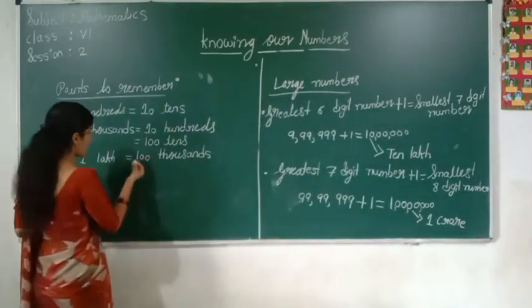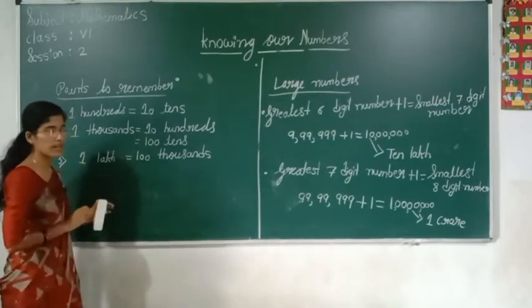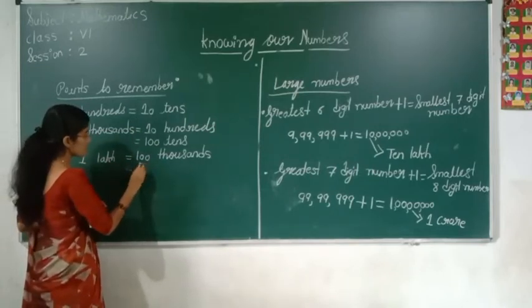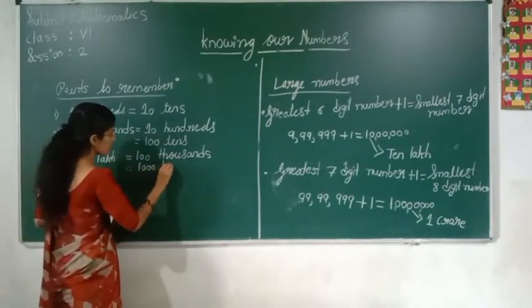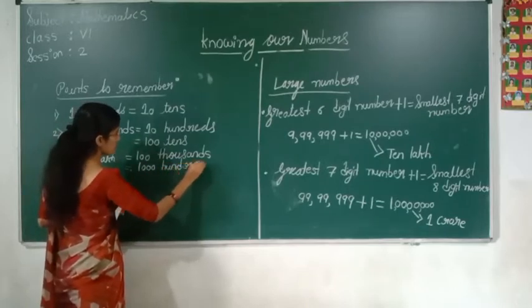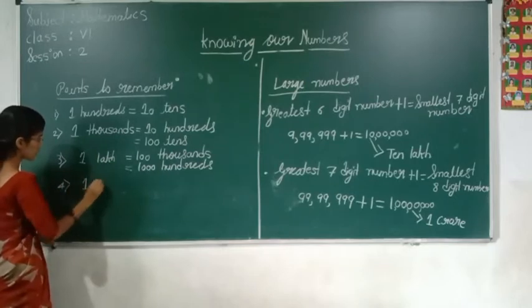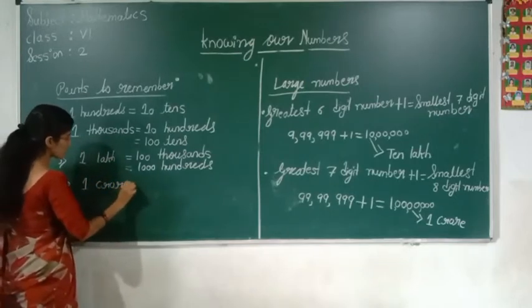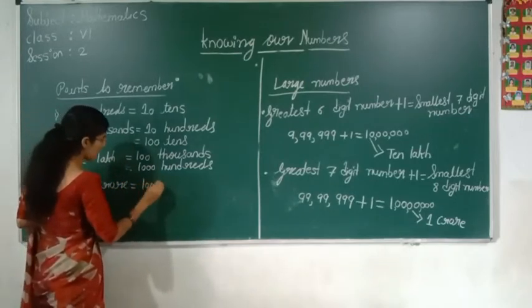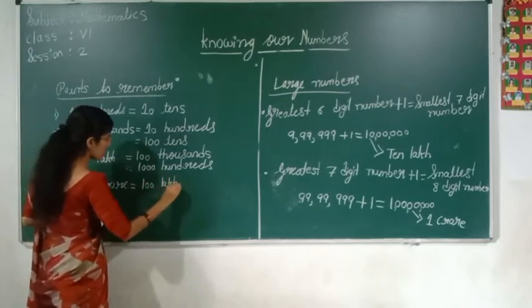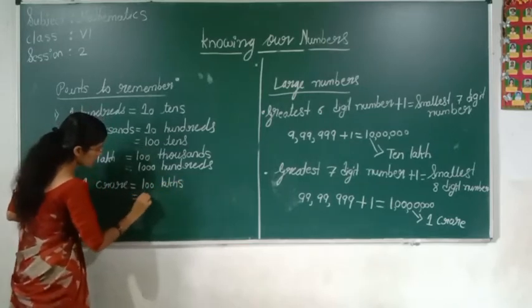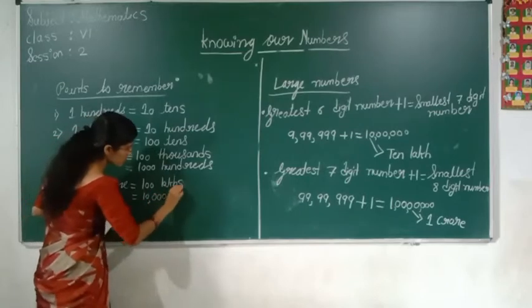Now see here, 100 into 1000 we are going to get 1 lakh. Again we can write this as 1000 hundreds. Both are the same. So 1 crore is nothing but 100 lakhs or 10,000 thousands.